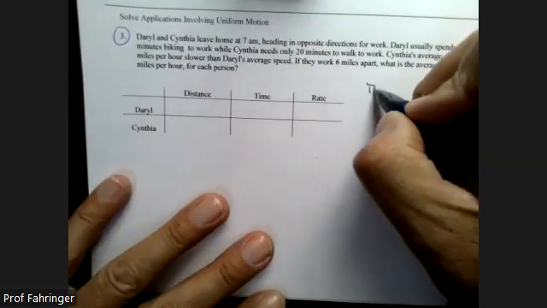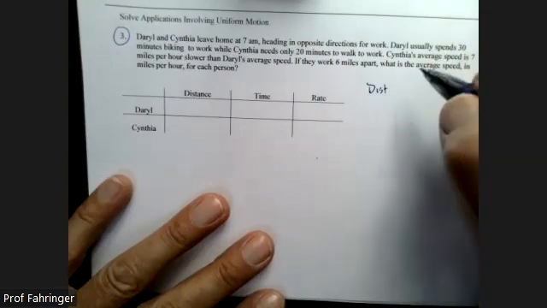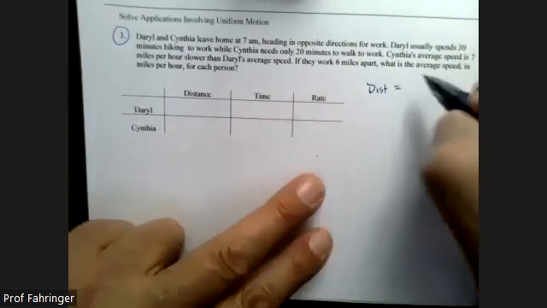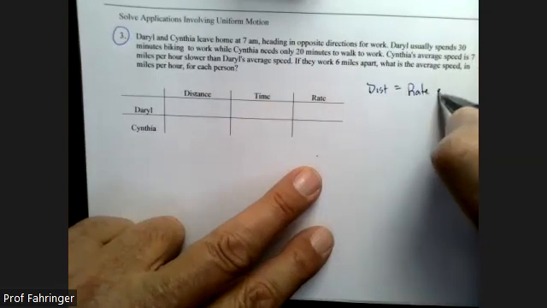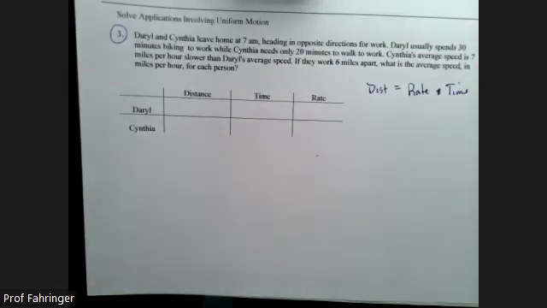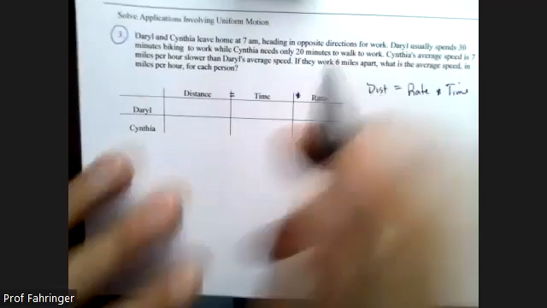Distance equals rate times time. Okay, we knocked the rust off.